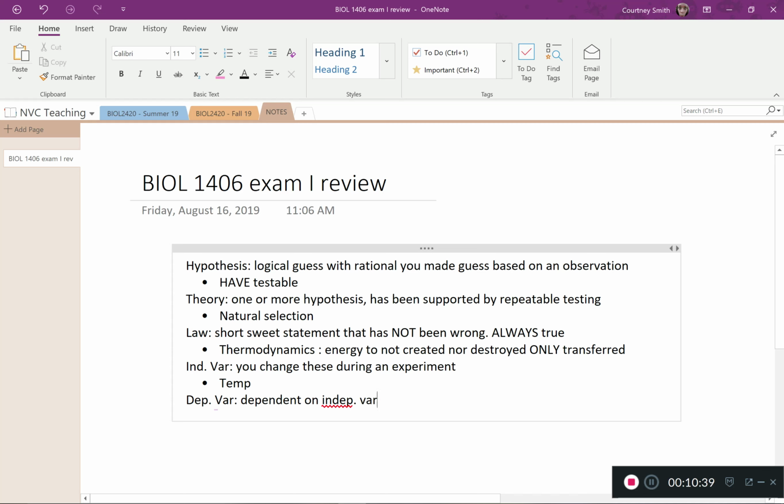I'm just going to abbreviate. So it's dependent on the independent variable, such as, let's say, we learned a little bit about enzymes in class. Let's say that we increase the temperature, and with that, we denature our enzyme.